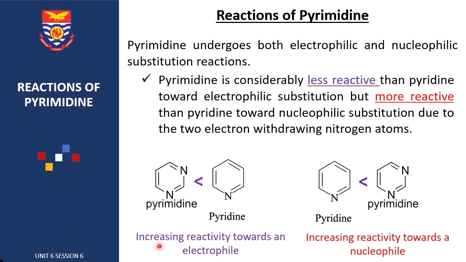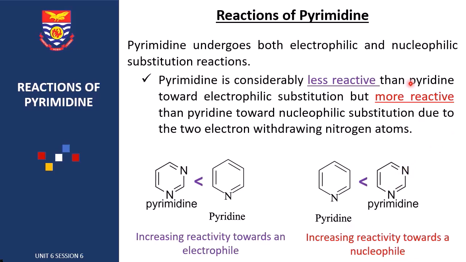So in electrophilic substitution reactions, you can see that pyridine is more reactive than pyrimidine. However, towards a nucleophile, the opposite is seen. Towards a nucleophile, pyrimidine is more reactive than pyridine. So the opposite is true when we talk about nucleophilic substitution reactions. So we would have to take note of that.